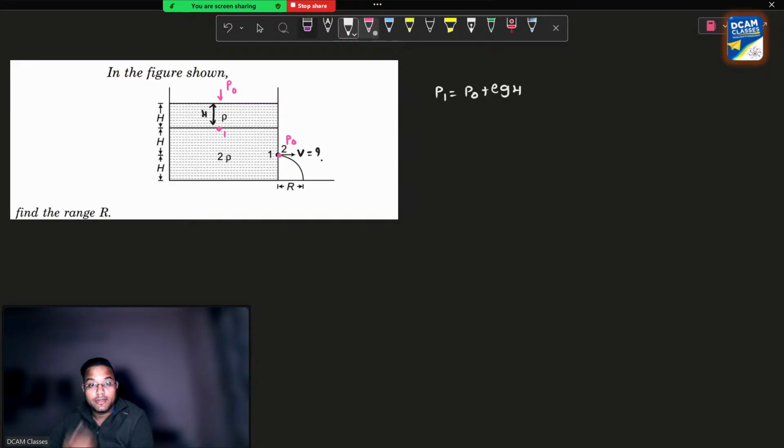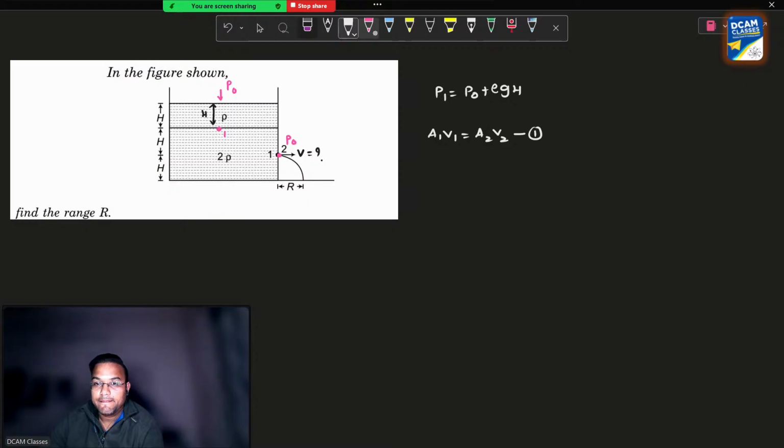Now A1 V1 is equal to A2 V2. I'm doing it descriptively, means I'm explaining you totally.